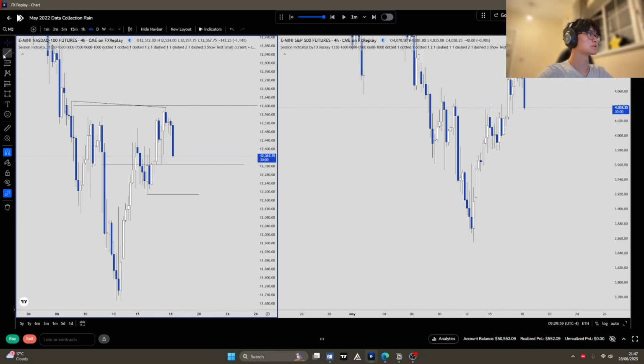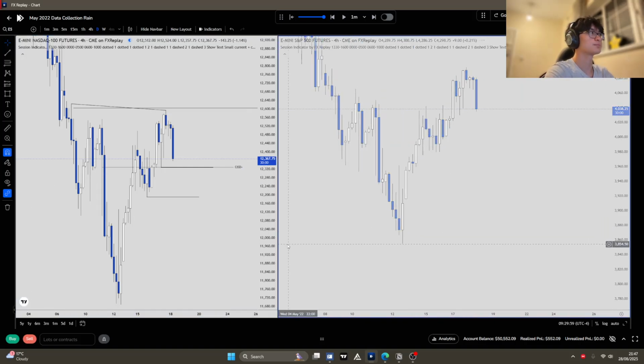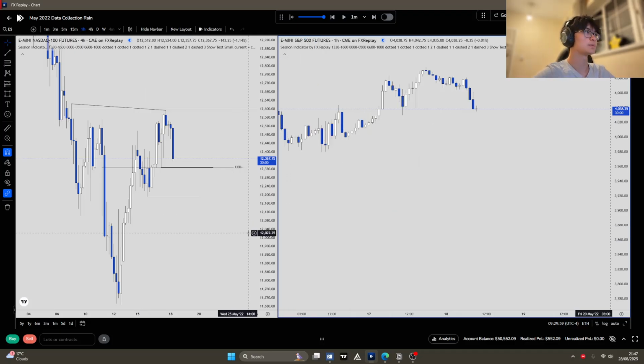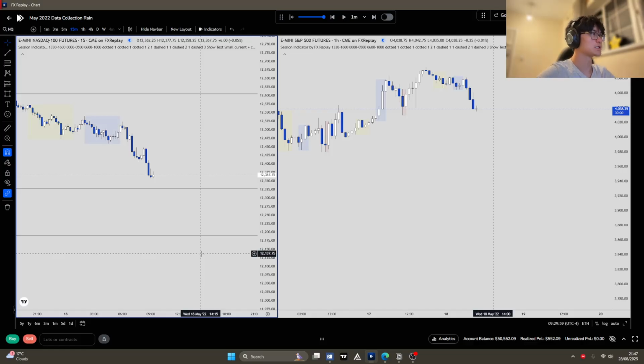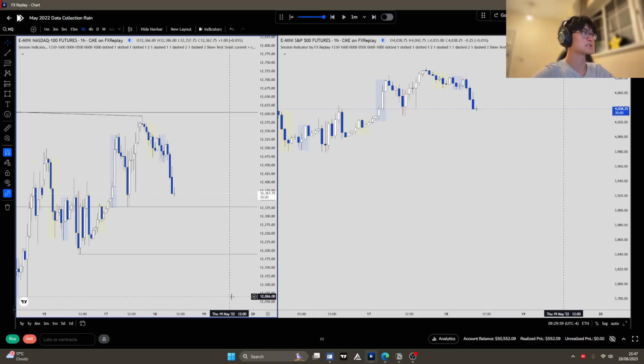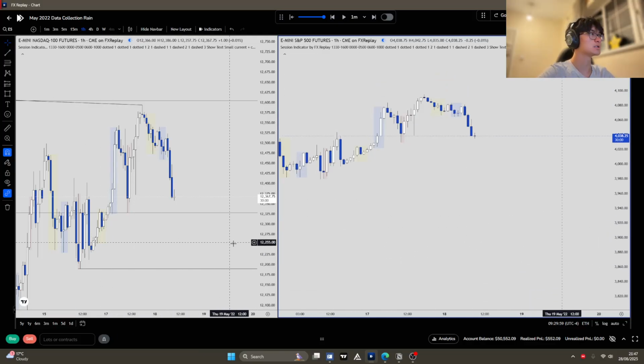Probably gonna mark out just this low here. This has change. So probably the most low hanging fruits here today. Not really expecting that much great price action.